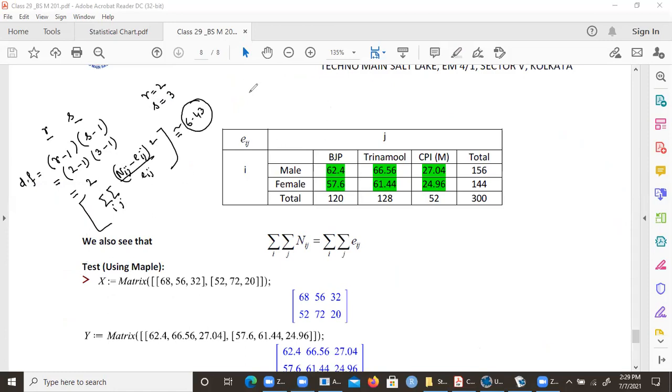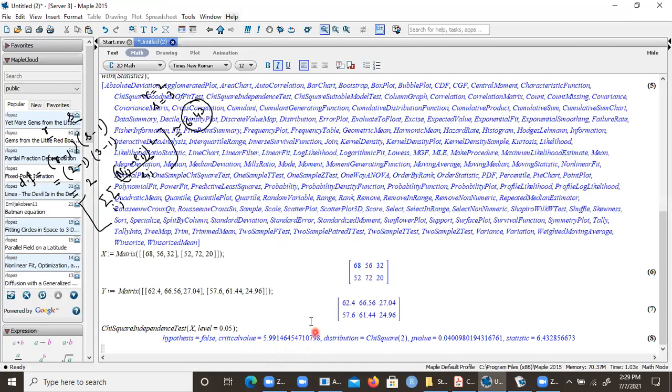And what else are we seeing from this calculation? We are seeing that the tabulated value of chi-square at 0.05, that is the 5% level of significance, with degree of freedom 2, is 5.99. And since the calculated value, that is 6.43, is greater than the tabulated value, the null hypothesis is rejected.